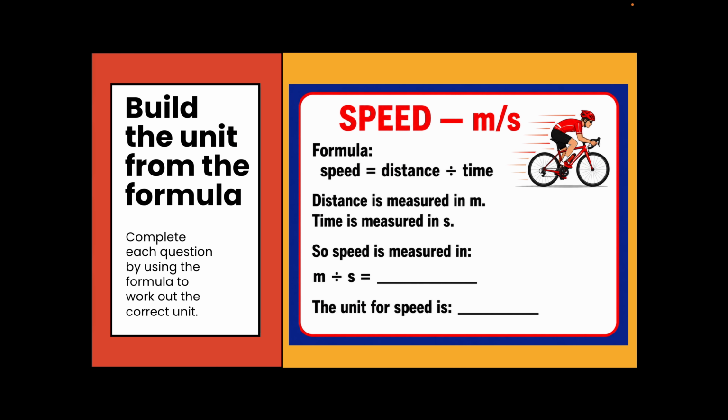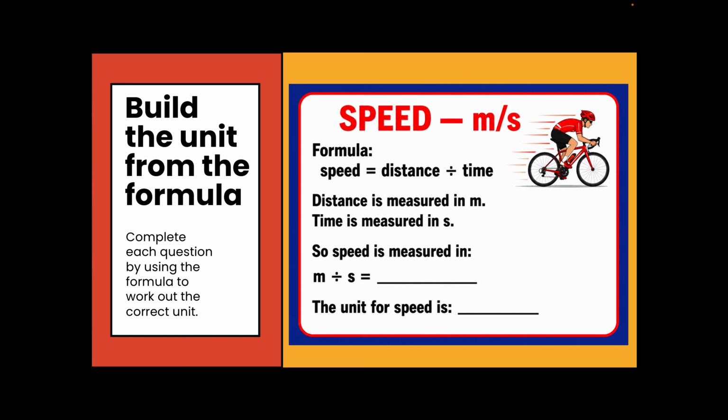Now we're going to build units from formulas. This is a really useful skill because it helps you understand where compound units come from. Instead of just memorizing that speed is measured in meters per second, we can build it from the formula. For example, speed equals distance divided by time. Distance is measured in meters.